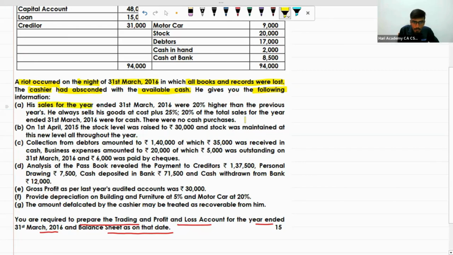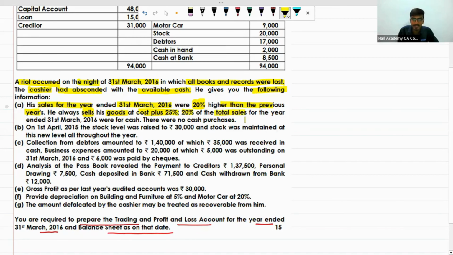His sales for the year ended 31st March 2016 were 20% higher than the previous year. He always sells his goods at cost plus 25%.